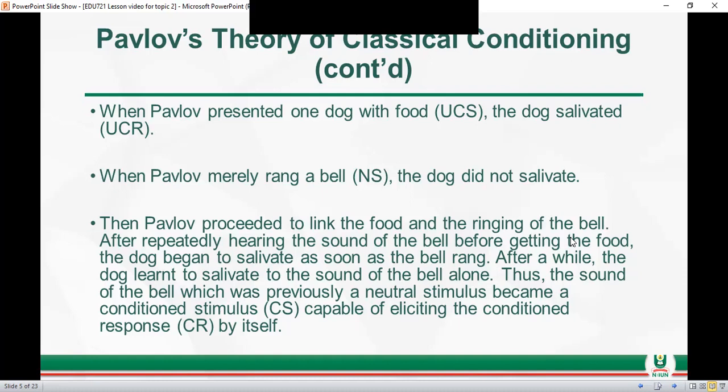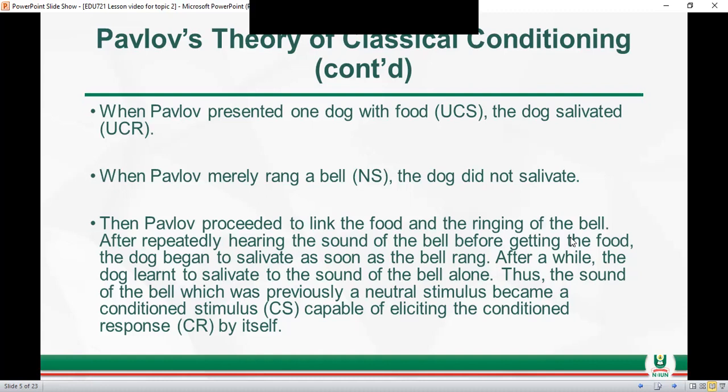So that feeling of pain is a natural response to the pain on the leg, to stepping your leg on the bottle. In the same way, the food presented to the dog triggered the salivation response. It's a natural occurrence. There is no big deal about it. Ordinarily, that will occur.